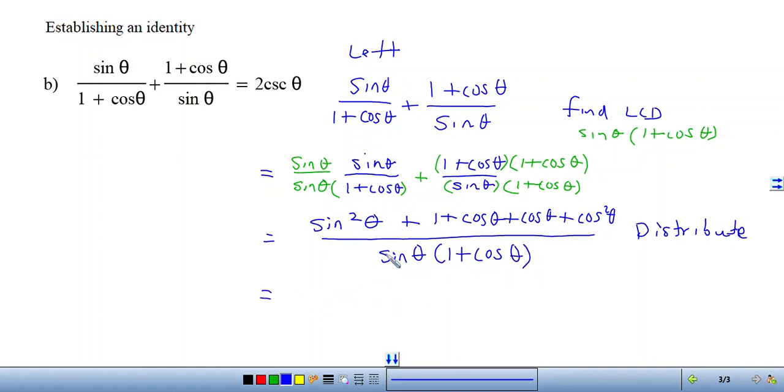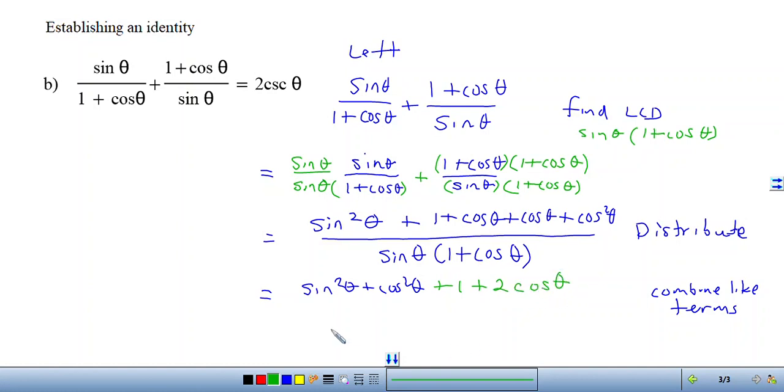Okay, so now the next thing after you do this is combine like terms. So in combining like terms, we got sine squared theta plus cosine squared theta. I'm going to reorganize those two first because I see a relationship here. And then I get a plus 1, and then cosine theta plus cosine theta is 2 cosine theta.